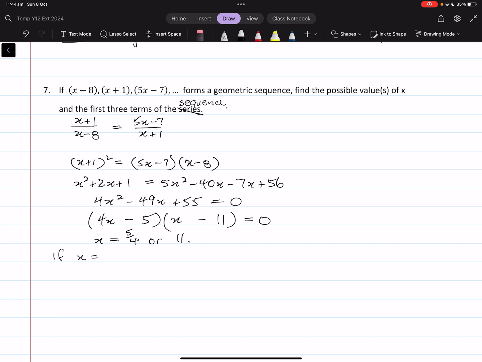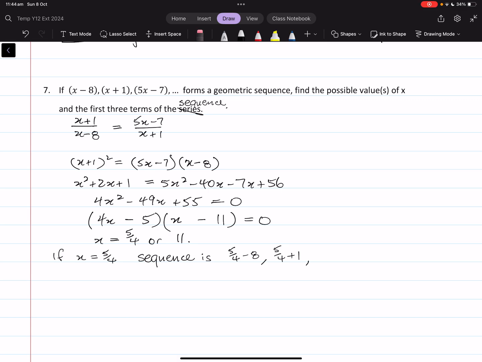If x is 5 on 4, if that's what x is, then the sequence, well, the first term is going to be x minus 8, so that's 5 on 4 minus 8. The next term is x plus 1, so 5 on 4 plus 1.